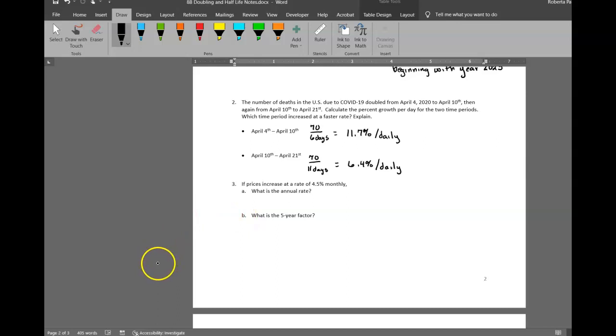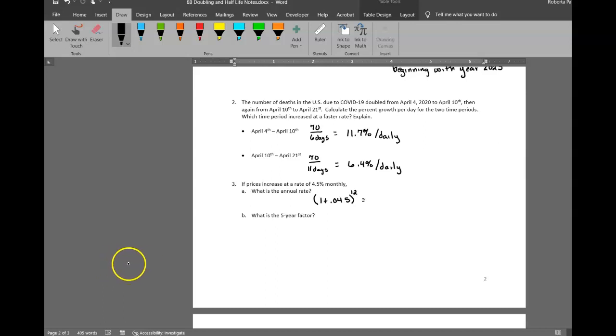Here's just if prices, so we talk a lot about inflation and what's happening in terms of the economy. So if prices increase at a rate of 4.5% monthly, what is that annual rate? So remember that we have 1 plus 0.045, and this is happening monthly. We want annually, so we're going to raise this to the 12th power because that's how many months are in a year.